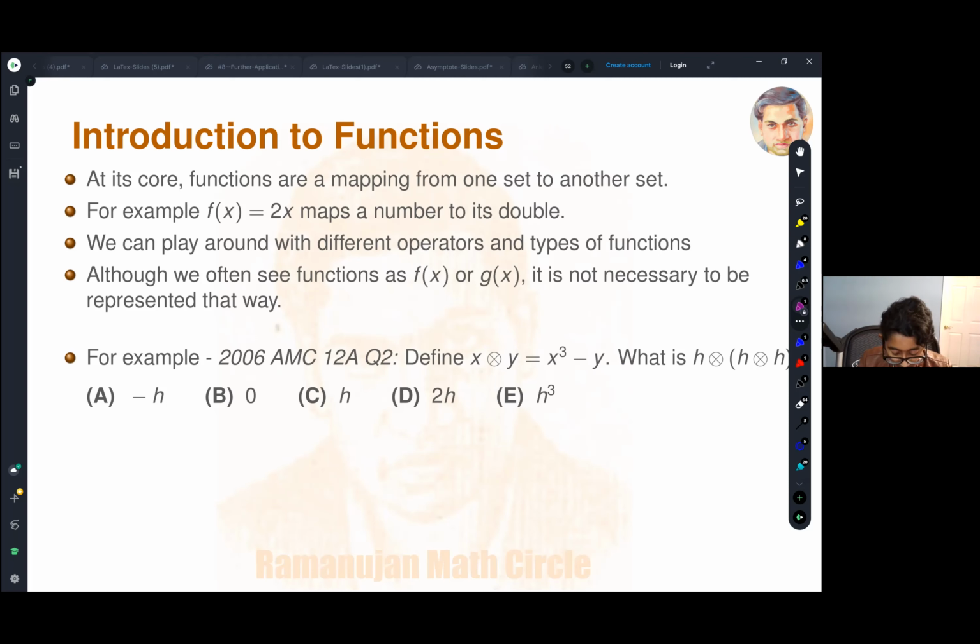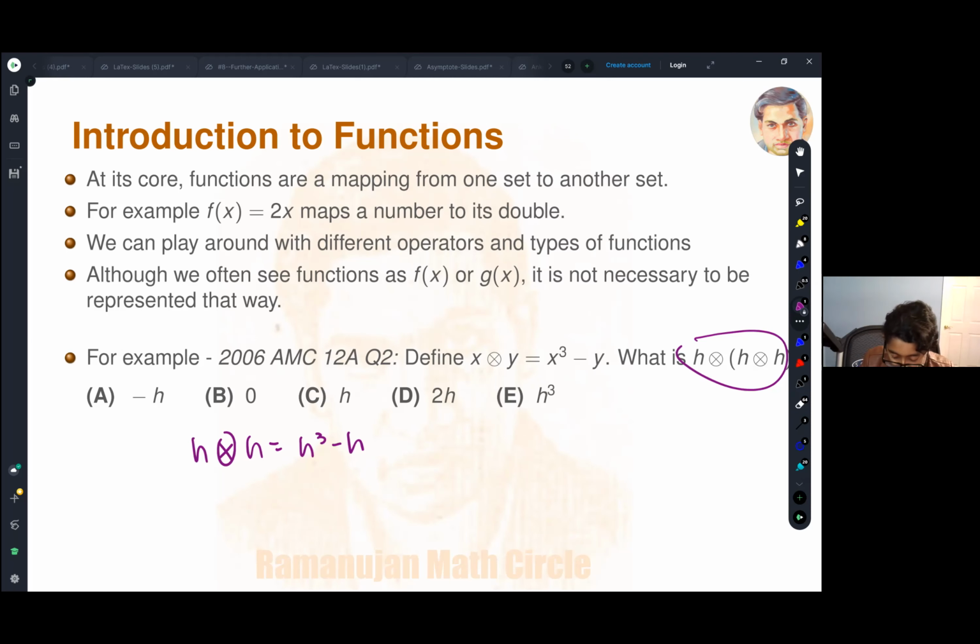It basically says, define x circle cross y is equal to x cubed minus y. What is this expression? The way we're going to go about it is obviously to use PEMDAS, so we go inside the parentheses first. We find that this is equal to h cubed minus h.